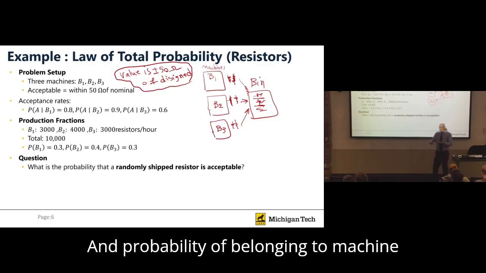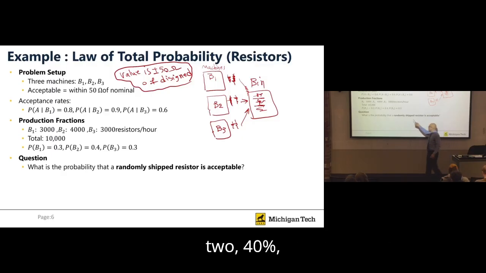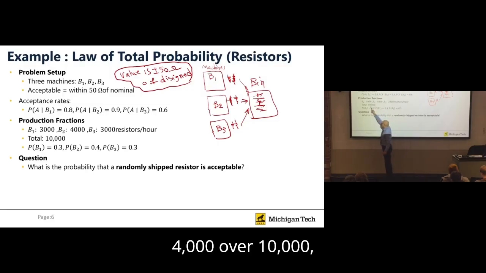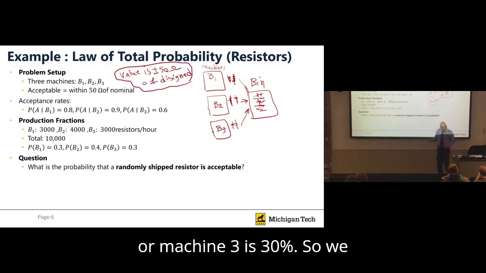Machine 2 is 4,000 over 10,000, 40%. And machine 3 is 30%. So we know that too.